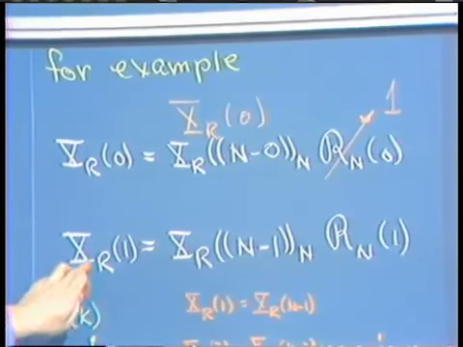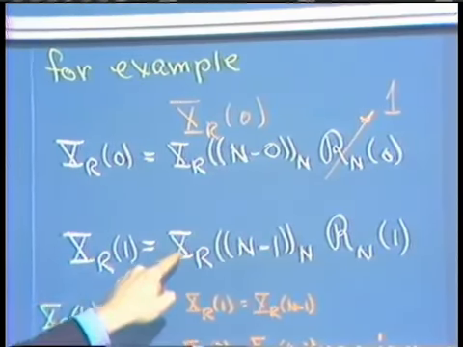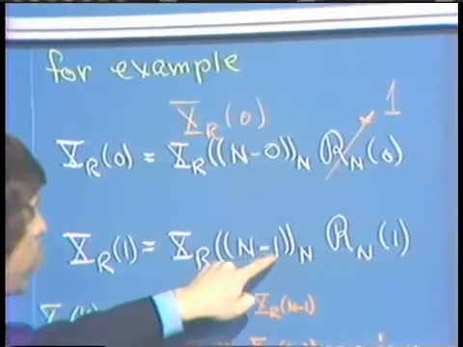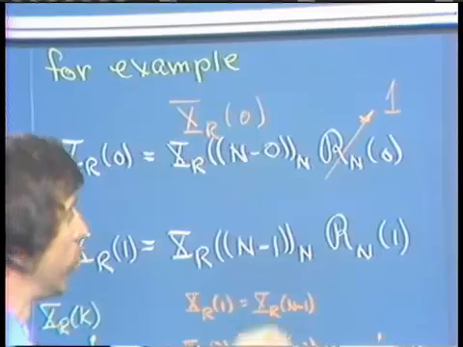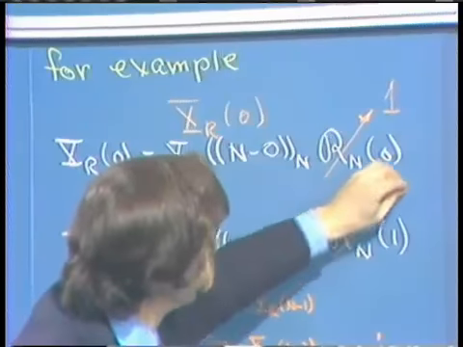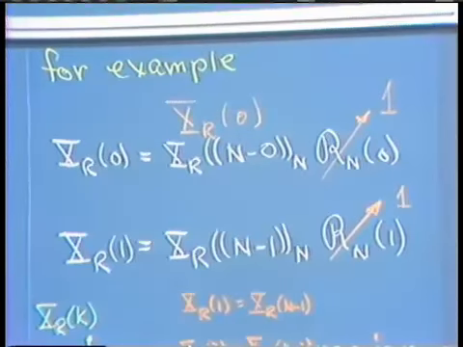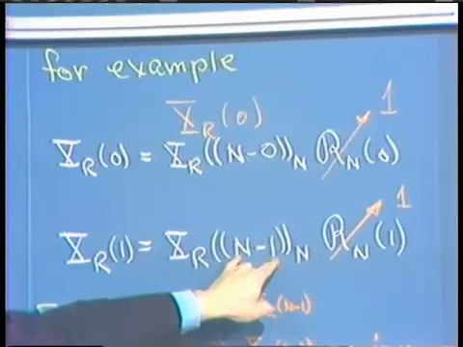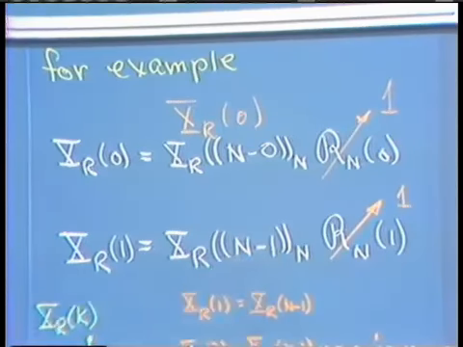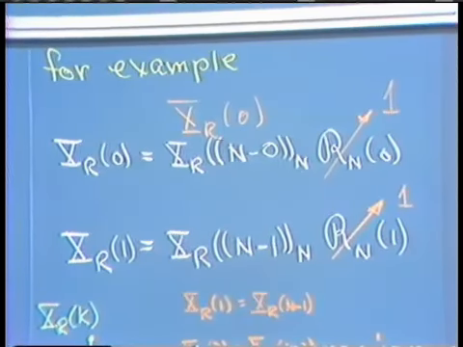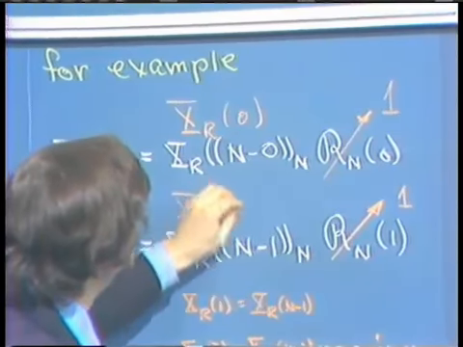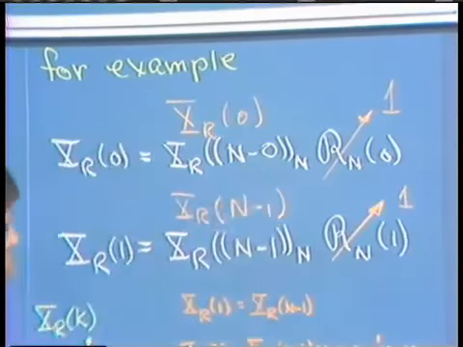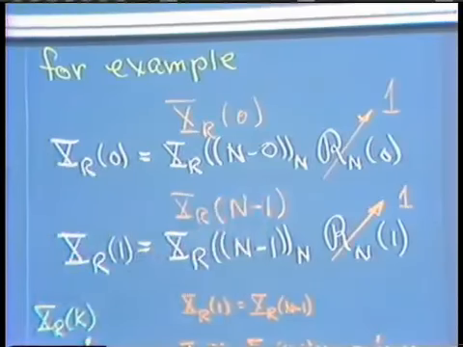For k equal to 1, we have that x sub r of 1 is x sub r of capital N minus 1 modulo capital N times r sub capital N of 1. This again is unity. And since capital N minus 1 is in the range 0 to capital N minus 1, that taken modulo n is just simply x sub r of capital N minus 1.